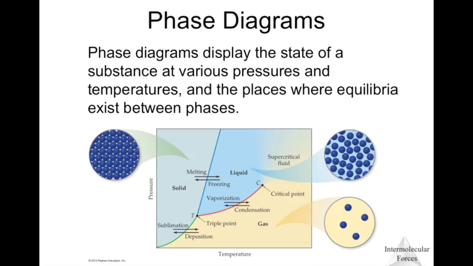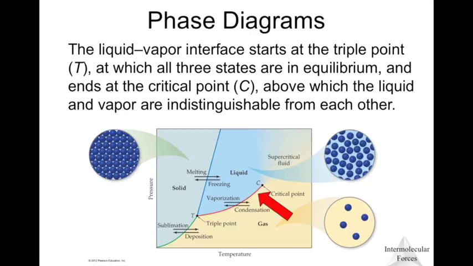And then we can also look at phase diagrams. You may have seen these in your intro chem. But basically, you can look at this and see under any specific conditions what state your substance would be in, and the places where there's equilibrium between the different points. So first, you've got the liquid-vapor interface. It starts at the triple point, where all three states are in equilibrium.